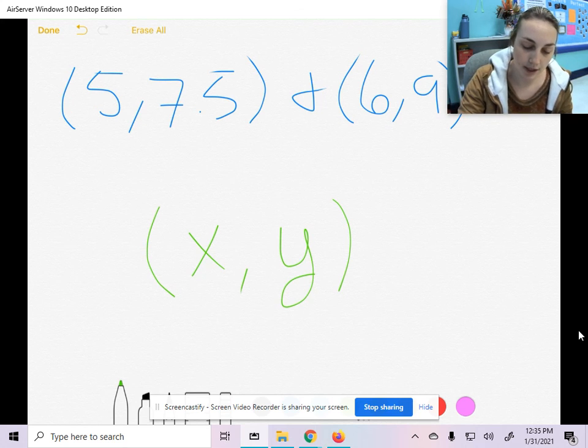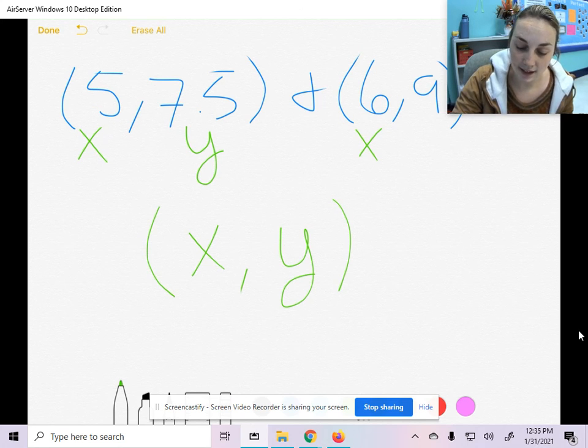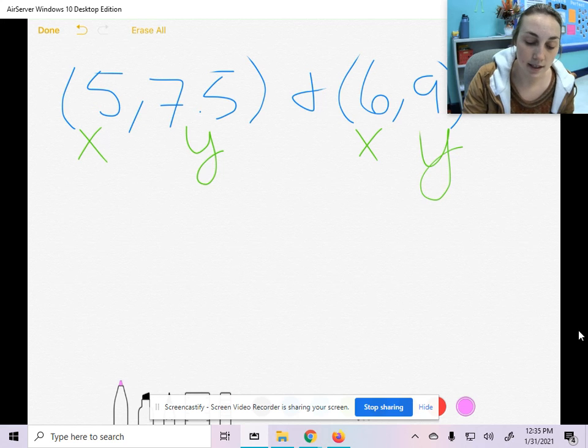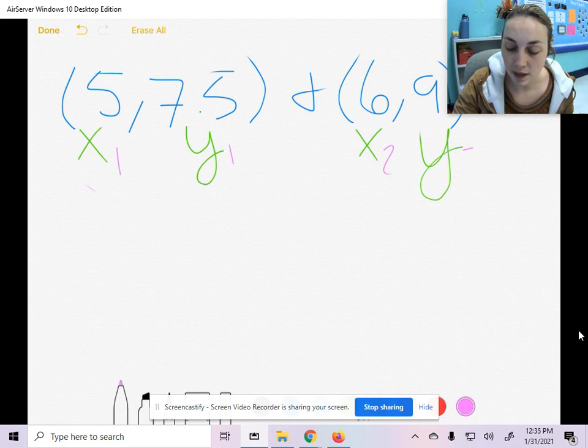So 5 is an x, 7.5 is a y, 6 is an x, and 9 is a y. Since this is the first ordered pair I see, I'm going to make this x1 and y1. Since this is the second ordered pair I see, I'll make this x2 and y2, and now I can put it into the slope formula.